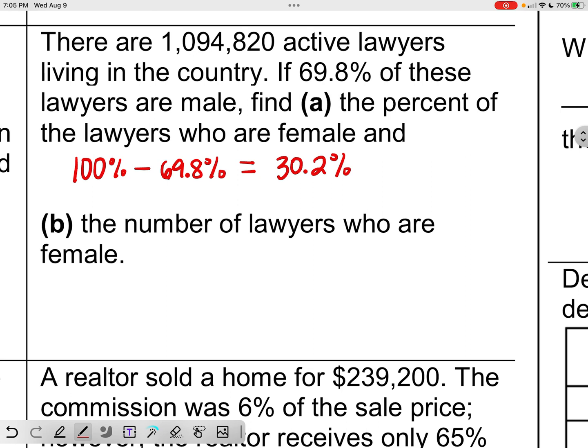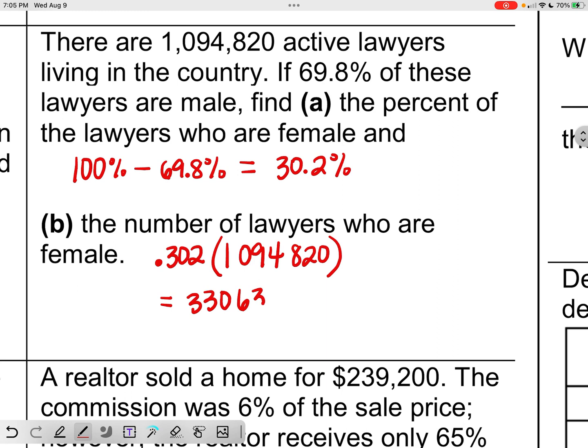Part B, the number of lawyers who are female. So I need an actual number, not a percentage. 30.2% is equivalent to that little decimal right there. And we're going to multiply it by that 1 million number that's at the top of the question. Calculator. This will give us 330,635.64.